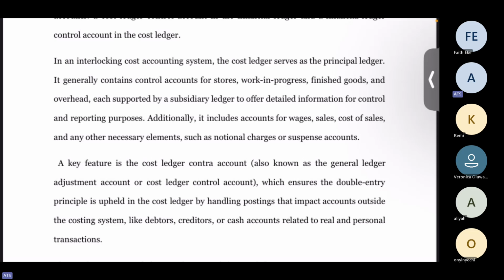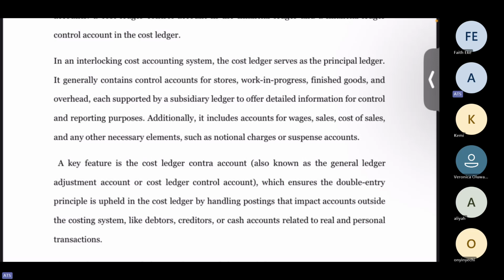When you want to record it, you debit raw material, but you credit this cost ledger control account, because you don't care whether it came from cash. The cost ledger control account is the link between the cost accounts and the financial accounts. So it is the financial accounts that will now record it as credit cash, or credit bank, or credit creditors, or whatever. But to the cost accounts, you just debit your raw materials and you credit cost ledger control account.